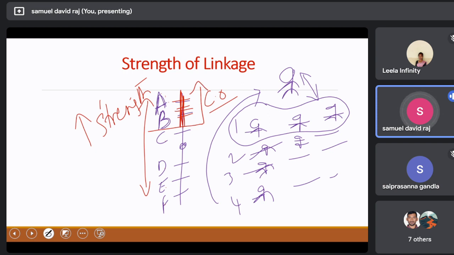In that case, A and C may be broken and separated, and they are no more inherited together, because C is separated from AB. That means the strength of the linkage is decreased.